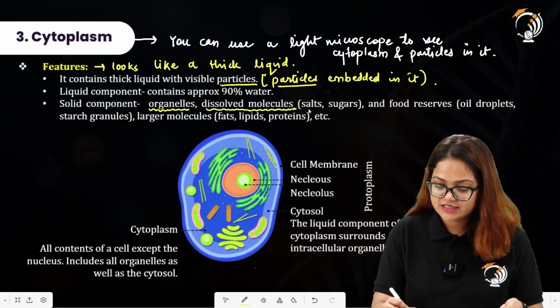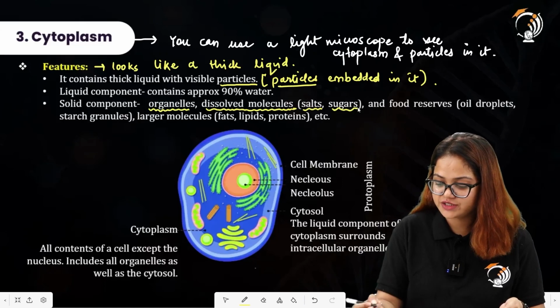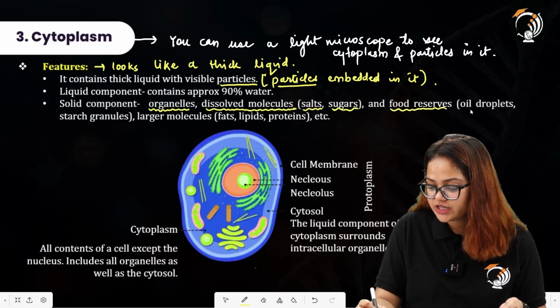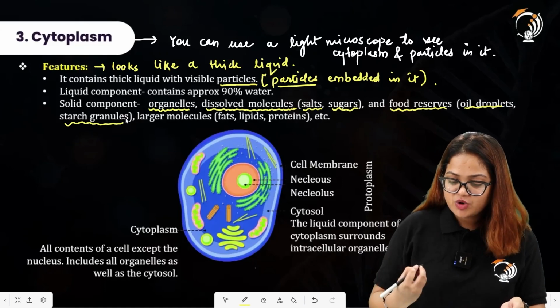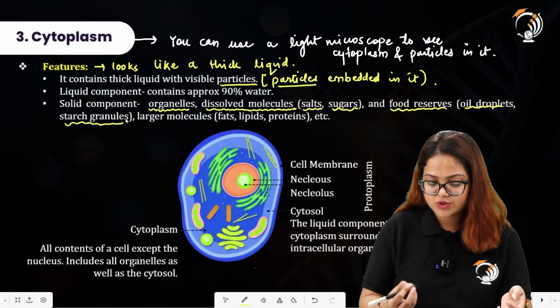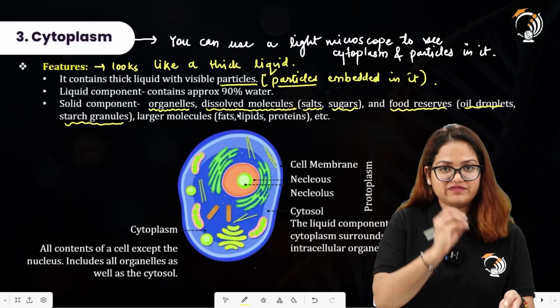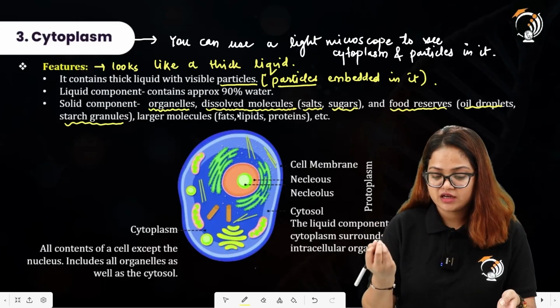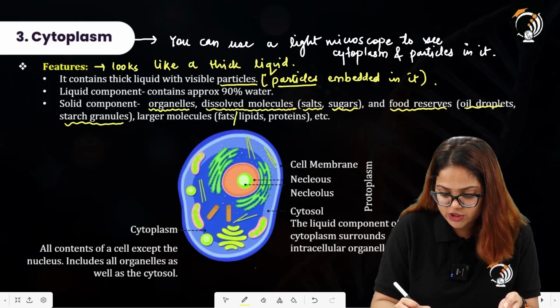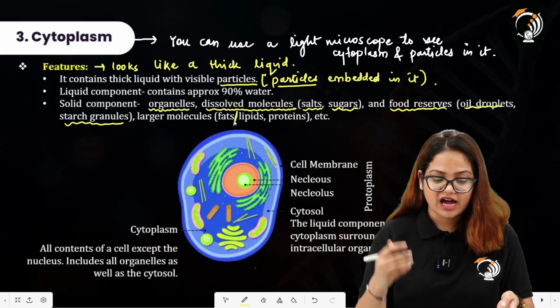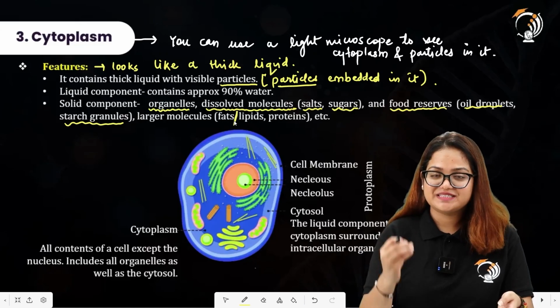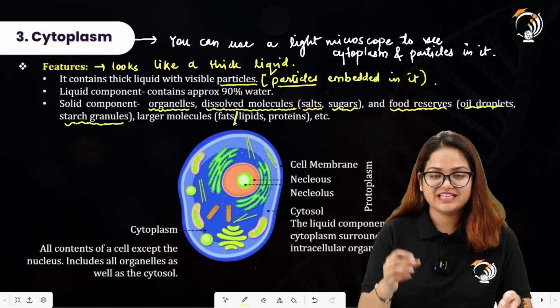Then we have salts, sugars. Food reserves are also there in the form of oil droplets, starch granules, larger molecules of fats or lipids, and proteins etc. These are present as the particles in the liquid component of the cytoplasm.